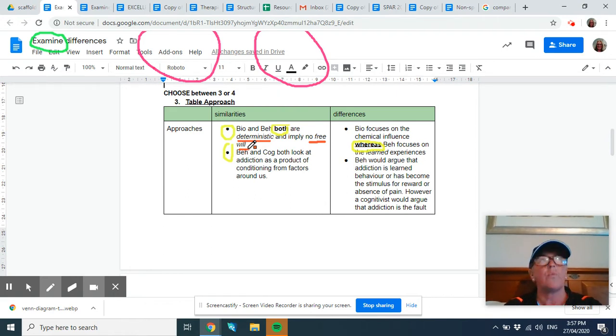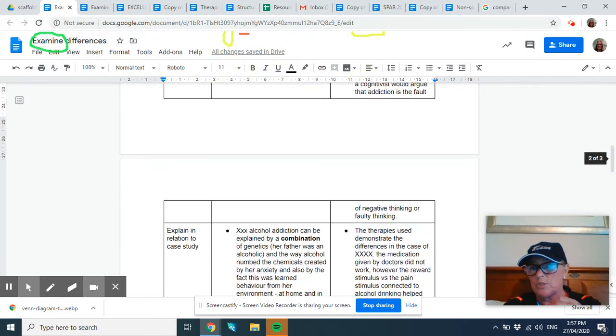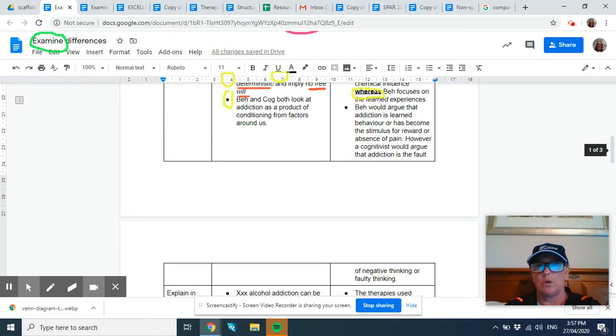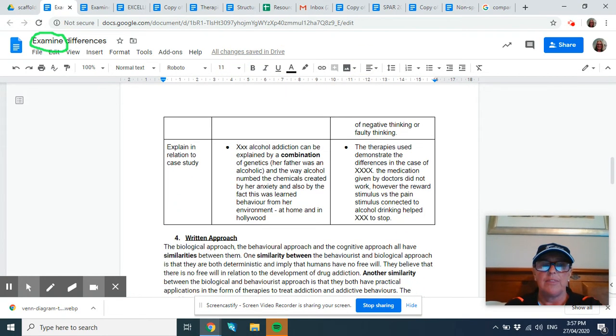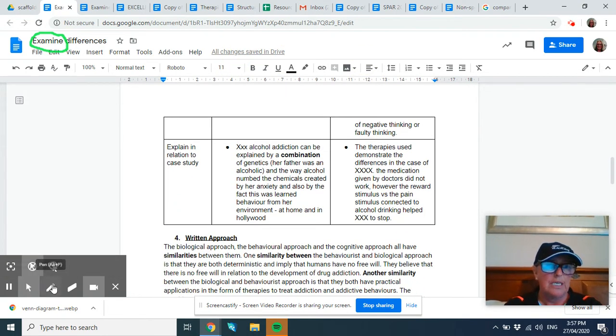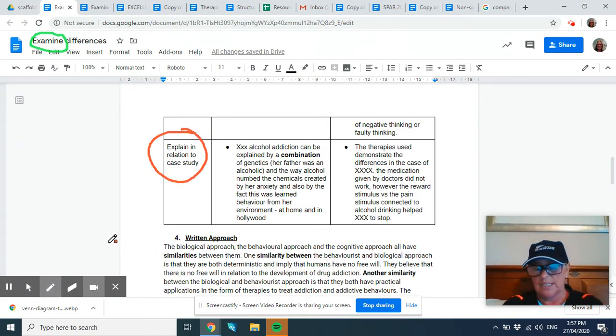They're words that we call formal vocabulary from that particular discipline or subject area. So I want you to have a look at that. And you can do that approach, and I would expect a few bullet points on each. I've obviously given you an example of two, but I would expect a little bit more than that. And then the really important thing is that you can explain it in relation to your case study.